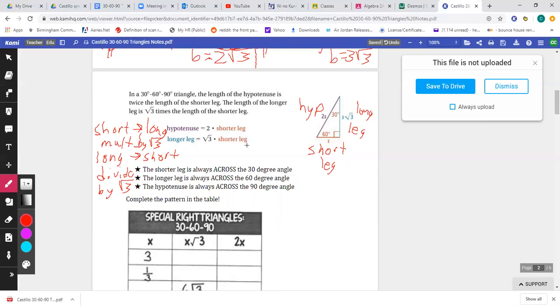However, if we go from short to hypotenuse, we multiply by 2. However, if we go from hypotenuse to short, we divide by 2. Okay, sorry, that's kind of a mess there.